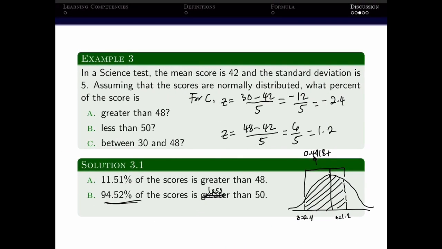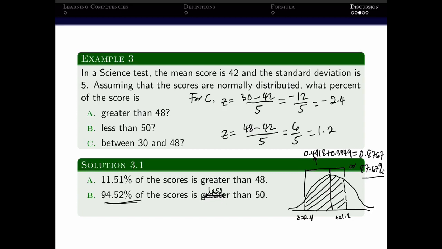So that's 0.3849. If we add these two values, we will get 0.8767, or 87.67%, which means that 87% of the scores are between 30 and 48.